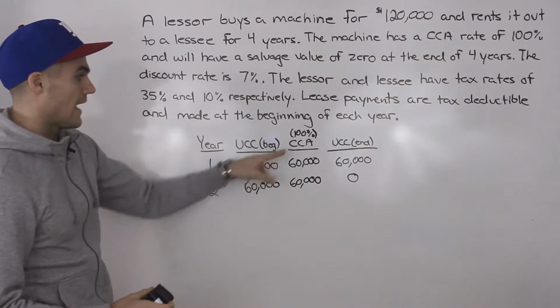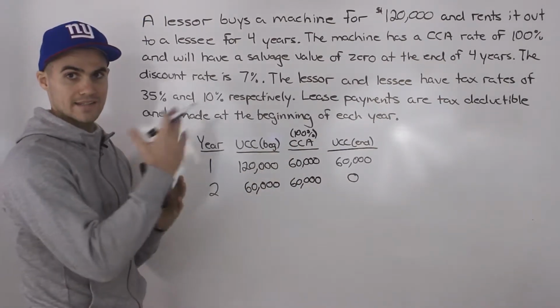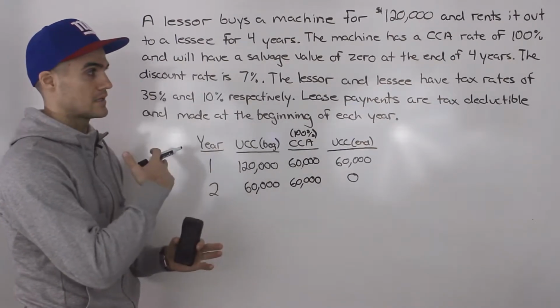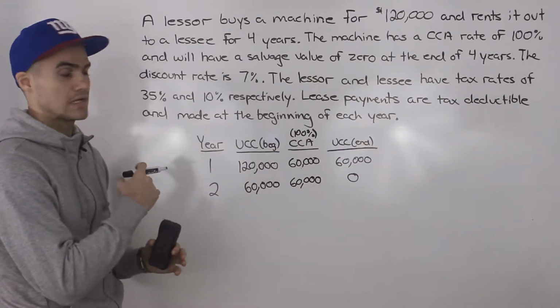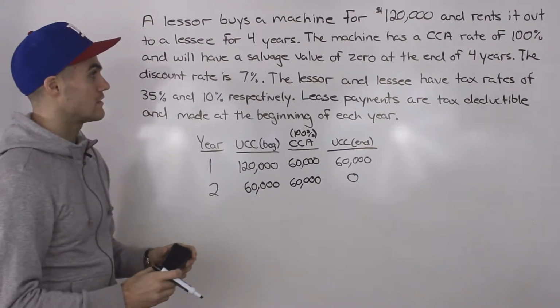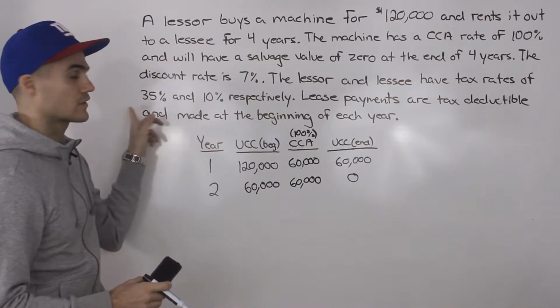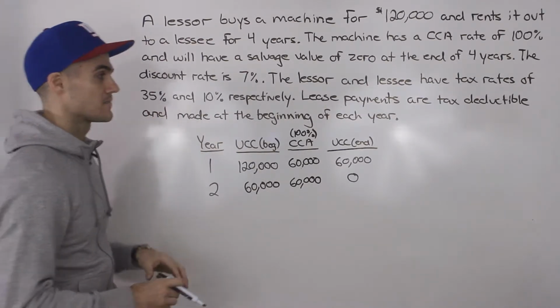So we have the CCA column, but remember when we are creating that timeline that we did in the previous 2 questions, we need the actual tax shield. And notice that the tax rates of the lessor and the lessee are different in this case.